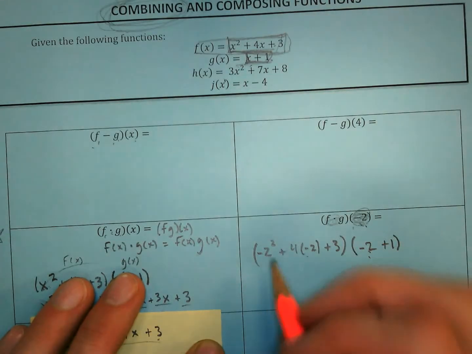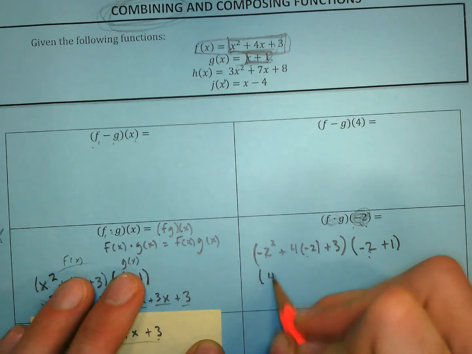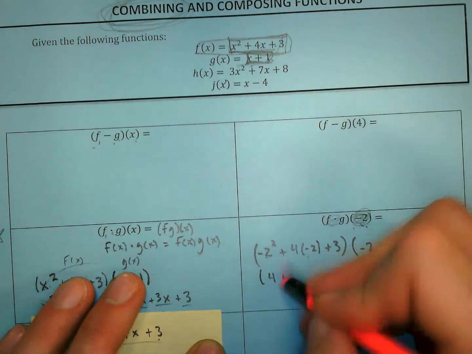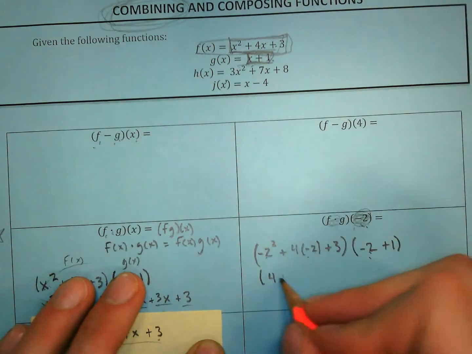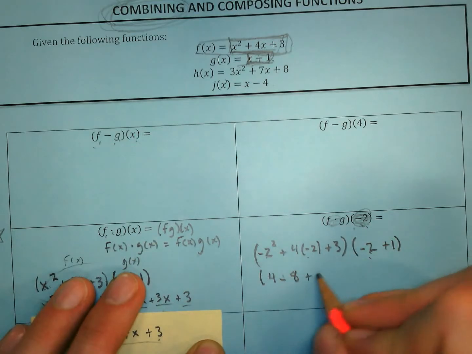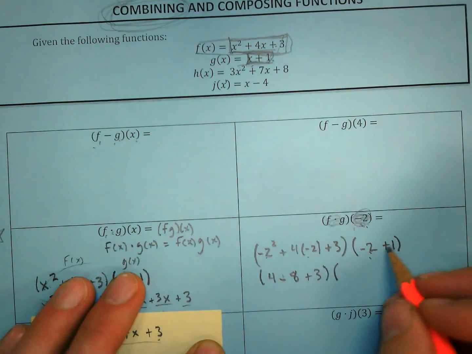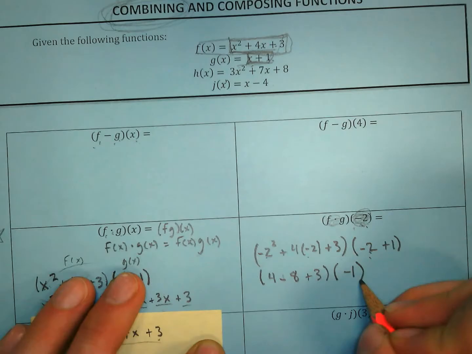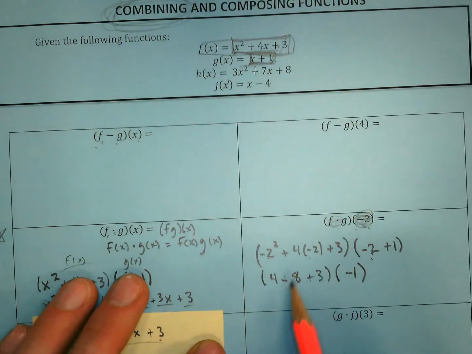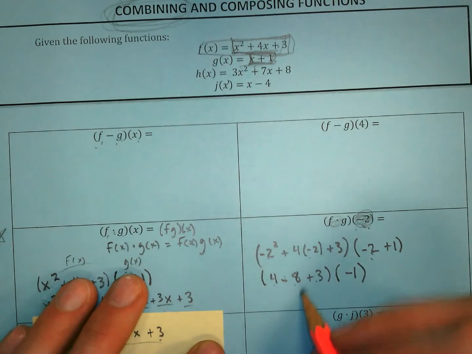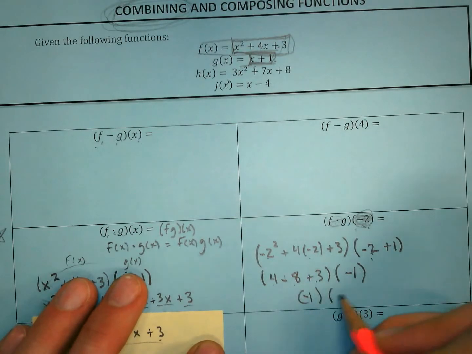Parentheses first. 4 times negative 2 is going to give you a negative 8, plus 3, times negative 1. Finish it out. Negative 4 plus 3 will give you a negative 1, times negative 1, which gives you positive 1.